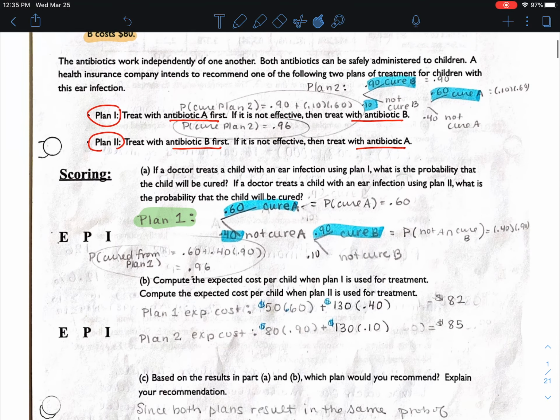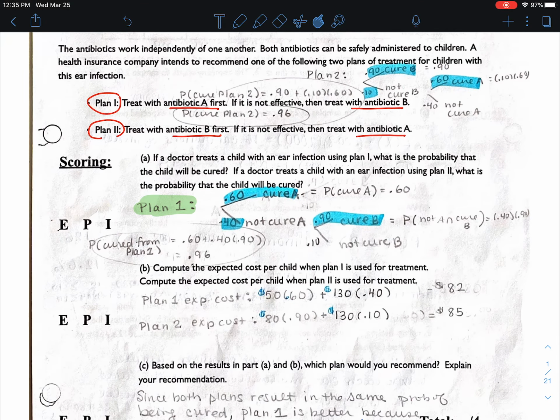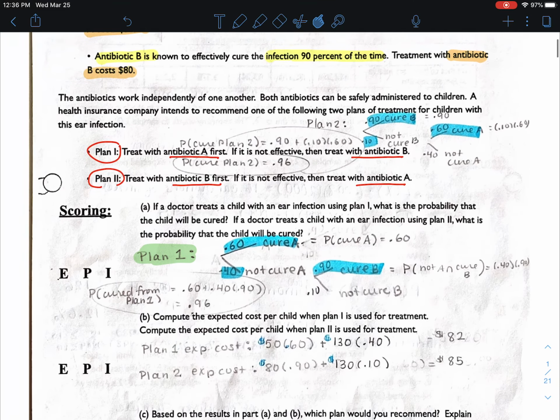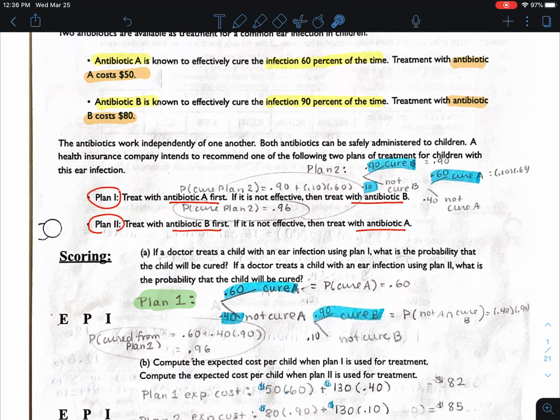Part B says, compute the expected cost per child when plan 1 is used for treatment, and then same thing for plan 2. Now remember, up above it mentioned that the cost for antibiotic A was $50 and the cost for antibiotic B was $80. So for plan A, if it works right out of the gate, 60% of the time, you're only going to have to fork out $50.